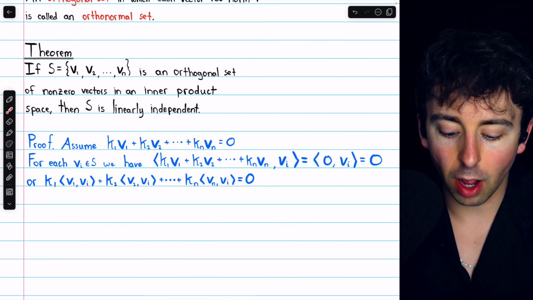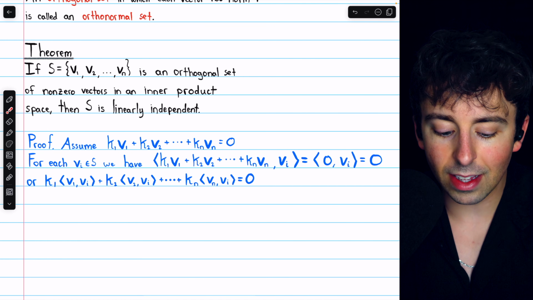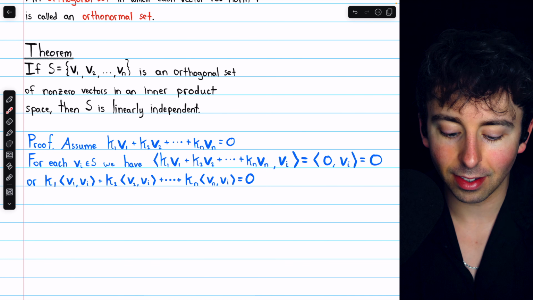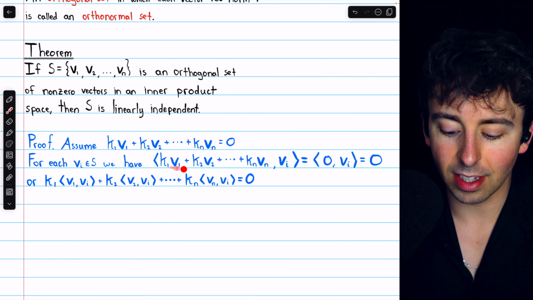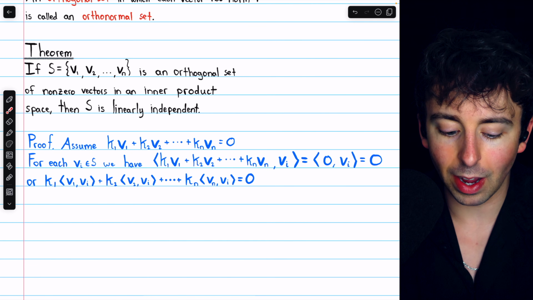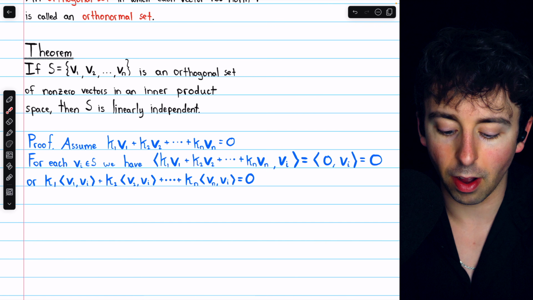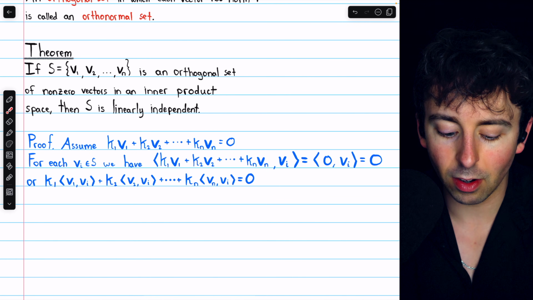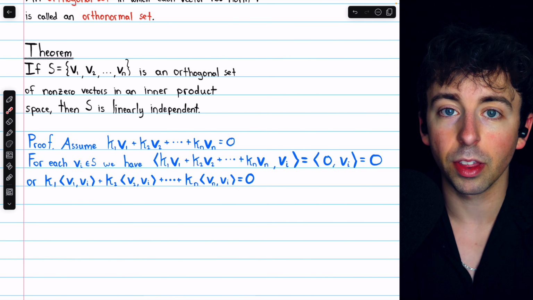Now, if this linear combination equals 0, we can say that for each vector vi in the set S, this inner product is equal to 0. This is the inner product of that linear combination with the arbitrary vector vi from the orthogonal set. On the left, again, is the linear combination. On the right is an arbitrary vector vi from the orthogonal set.